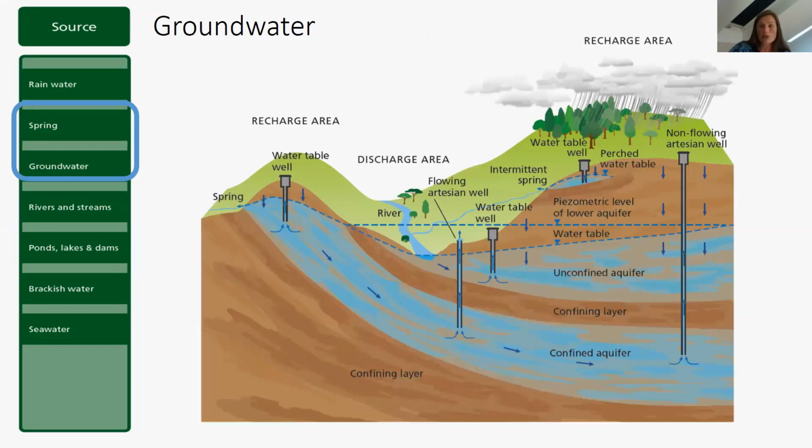The other major group of water sources is basically groundwater, where we think of springs and different groundwater, which can also be accessed with different types of technologies. The type of groundwater will finally also define what other technologies we are going to use.